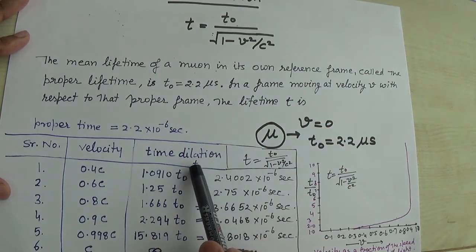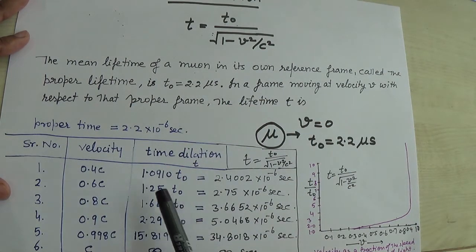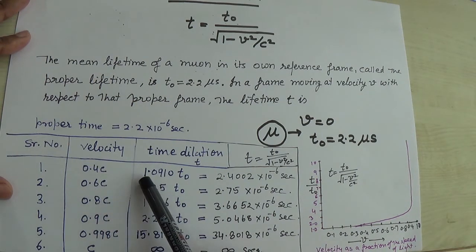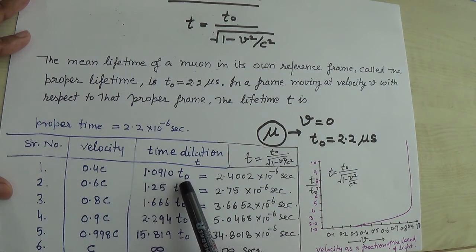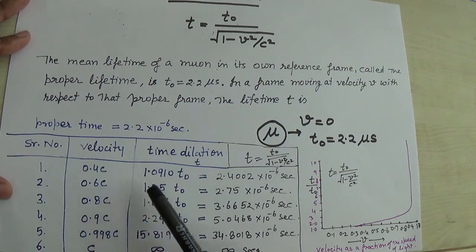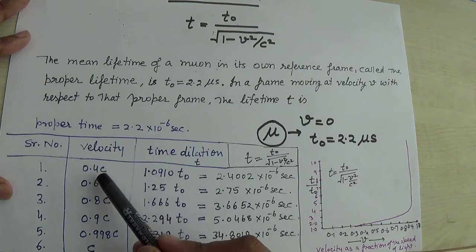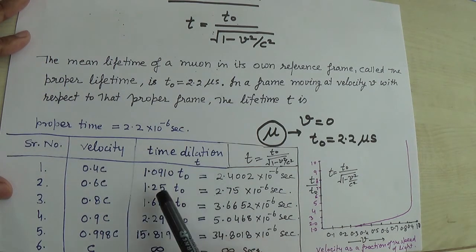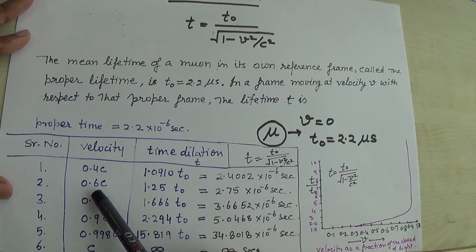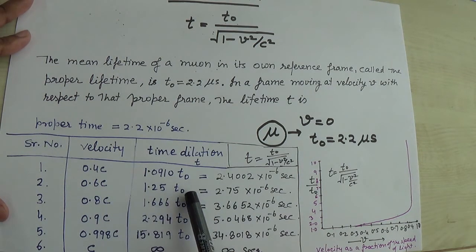So the time dilation t in terms of t naught is 1.0910 times t naught when the speed is 0.4 c. When the speed is 0.6 c, the value of t is 1.25 multiplied by t naught.